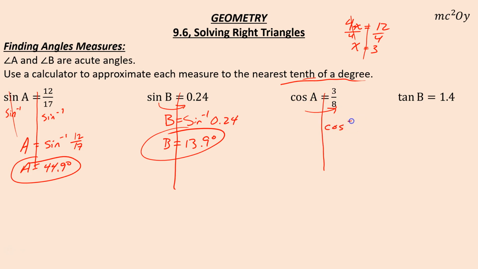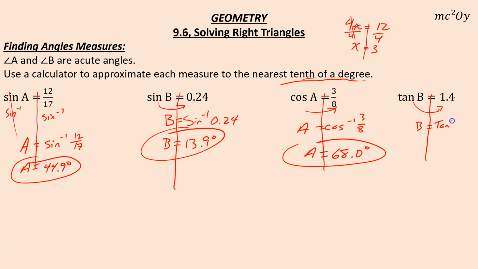And the inverse cosine of 3/8 is equal to A. So when we do that, A is equal to 68.0 degrees. And the last one, if I'm going to get tangent over here and get B alone, I have to take the inverse tangent of 1.4. That tells me that B is equal to 54.5 degrees.